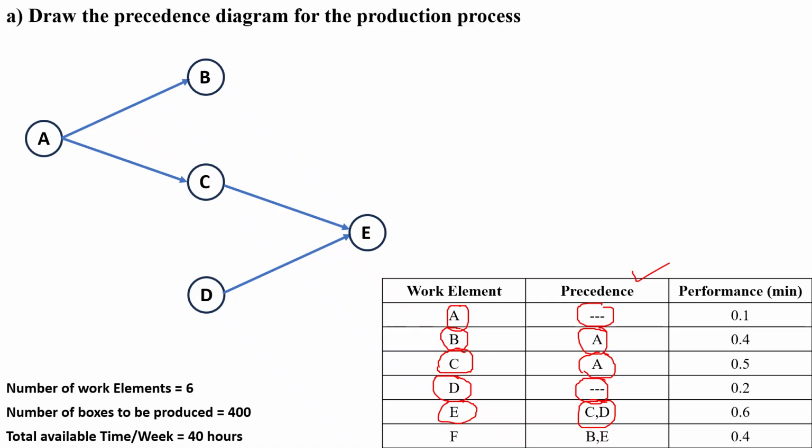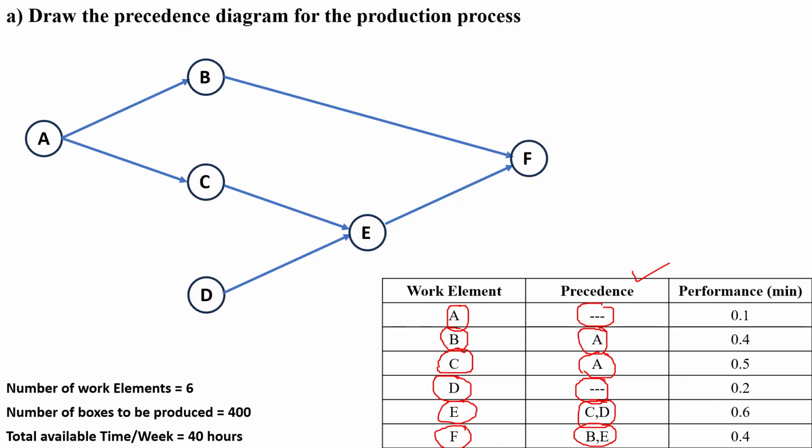So it represents that work element E will start after completion of C and D. And the next work element is F. For the work element F, the precedence work elements are B and E. So after completion of B and E, F will start. So draw the work element F like this.